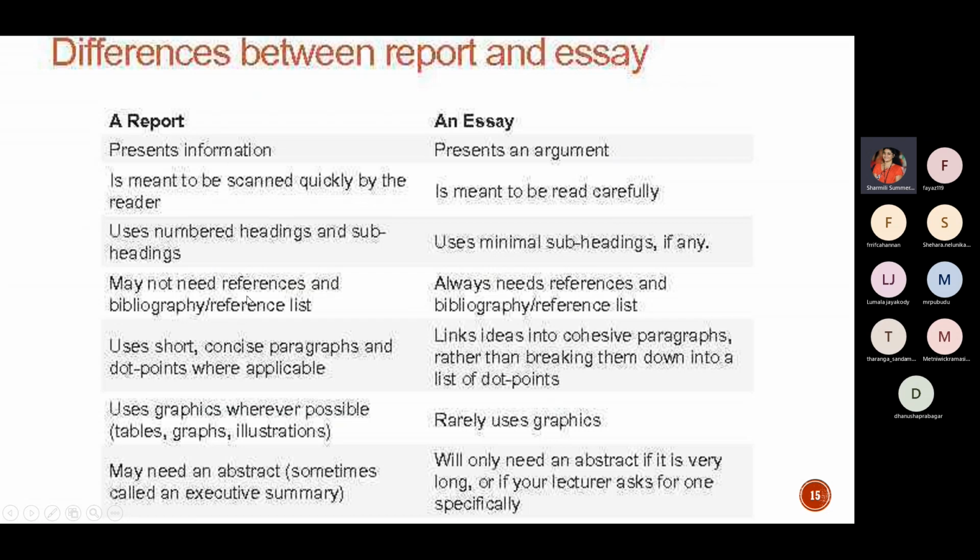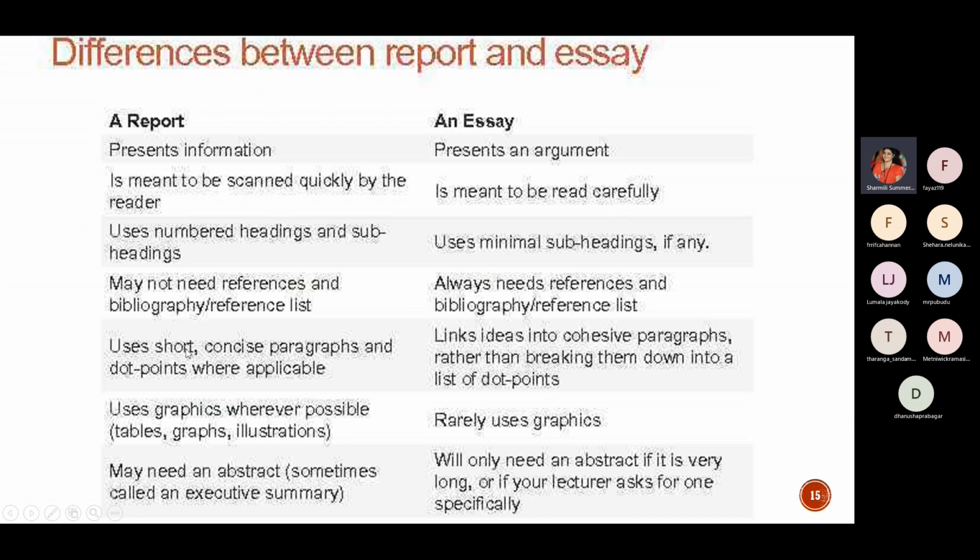Sometimes in reports we are doing our own work, meaning if you are not getting any other resources, all the things are your own, then no need to write a bibliography. But if we are going to take pictures or any quotations from others, then you need to have a bibliography or reference list.